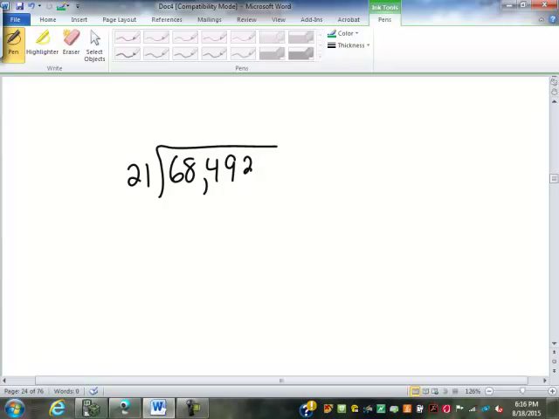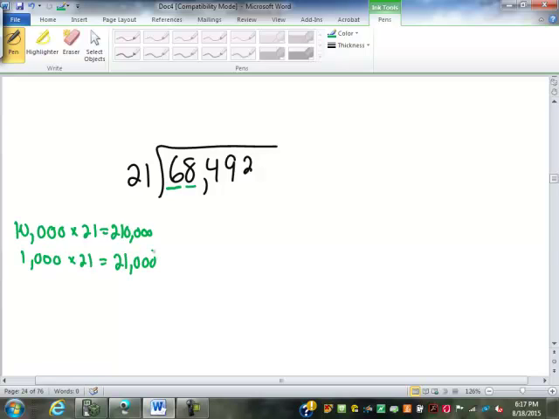The way we do that is we look at the place value of the number we're dividing. This first place value is what? 10,000, right? So we get 10,000 times 21, that is 210,000. Can I subtract that from 68,000? No. The next place value is the thousands. 1,000 times 21 is 21,000.